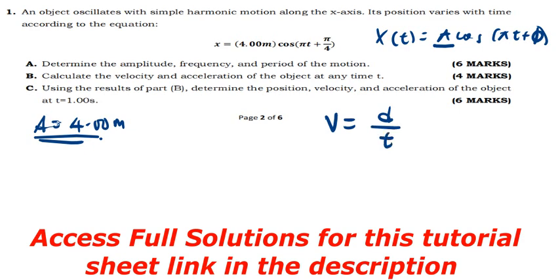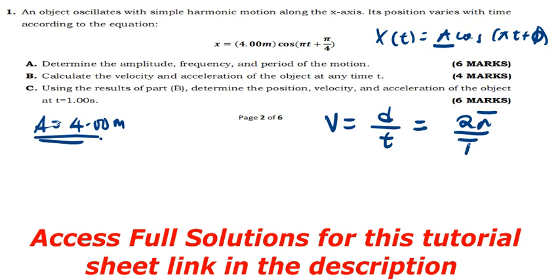But for a simple harmonic motion to occur, the distance covered is the circumference, or maybe, let me say, the distance we're talking about here is 2 pi, which is 360 degrees. So we say 2 pi divided by T. The time it takes to complete one cycle is the period.